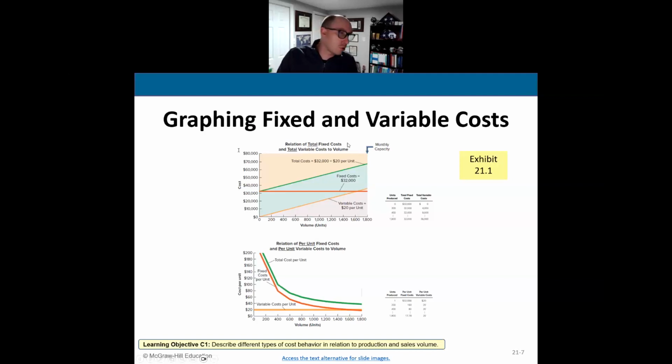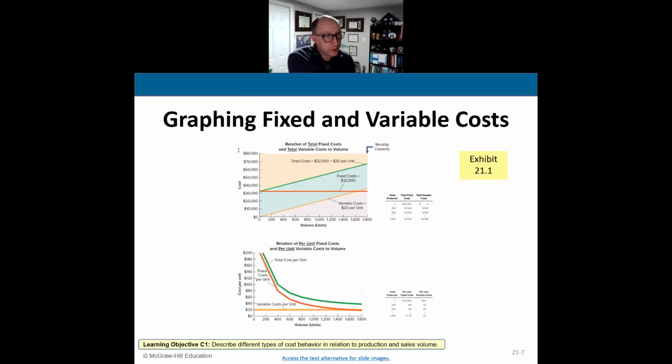My total costs equal my fixed cost plus my variable cost. That's represented by this green line here. On the green line, my total costs start at the amount of my fixed cost, $32,000. Why? Because if I make 0 products for the month, I still have to pay my fixed costs.